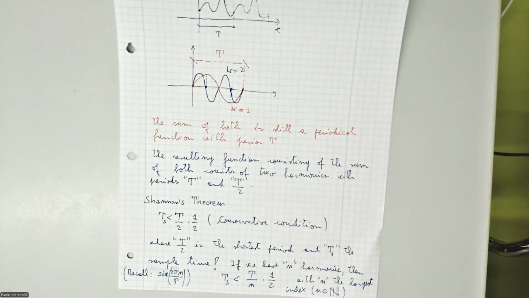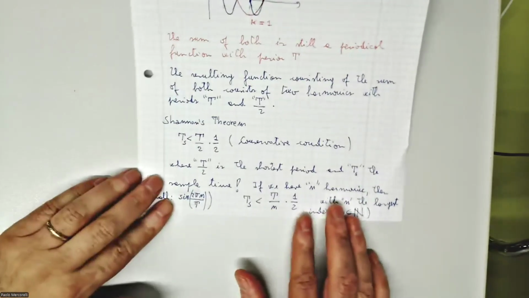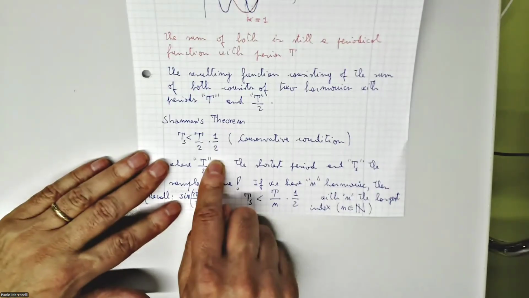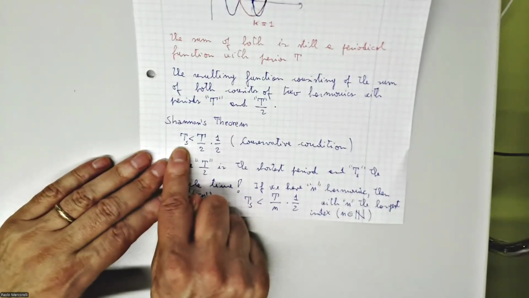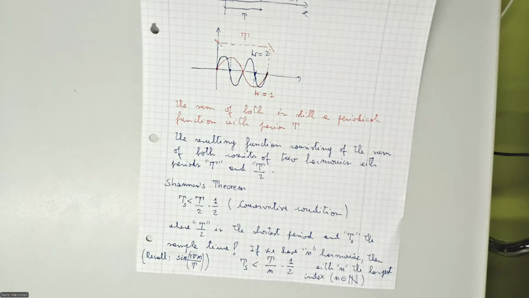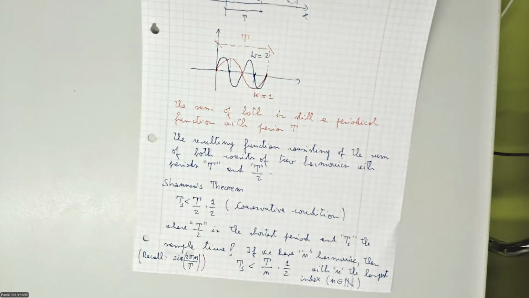In a sufficient condition, I will tell you a little bit next time, which says that the sample time, basically the distance between the values, which is the data, the measurements, should be less than half of the period of the signal which I have.